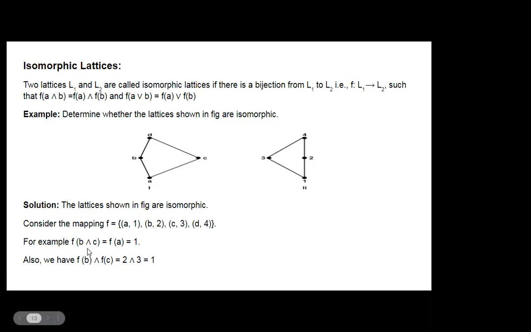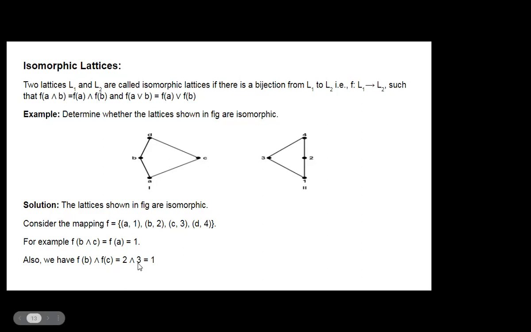We'll see that f of B and C. What is f of B and C? Here 2 and 3 are given. How is the function mapping there? B is mapped to 2 and C is mapped to 3.